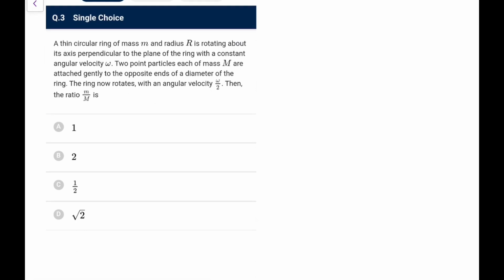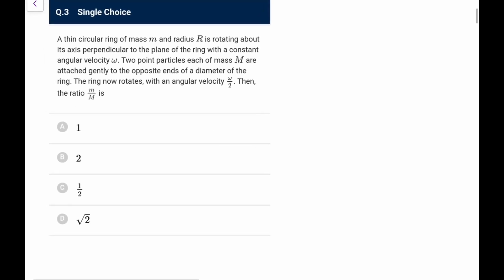A thin ring of mass m and radius r is rotating about its axis normal to the plane of the ring with a constant angular speed omega. Two particles, each of mass M, are attached gently to the opposite ends of a diameter of the ring. The ring now rotates with angular velocity omega by 2. Find the ratio of m by M. It's simply angular momentum conservation because they are gently attached to opposite sides, so net torque on the system is 0. Initial angular momentum for the ring only was I omega, and I was m r square into omega.